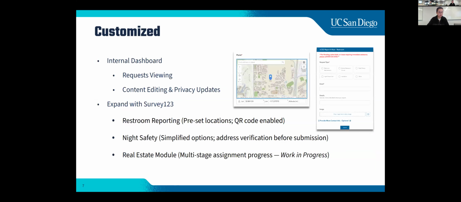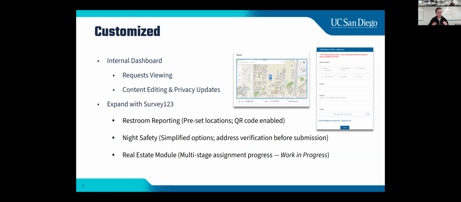Okay, apart from the enrichment, we are also working on some customization of the project. We made some changes to the request viewing, so it will be more convenient for our internal department to chase those requests. We also added an additional tab to the dashboard called content editing and privacy update, because we understand some requests might have quite sensitive information.